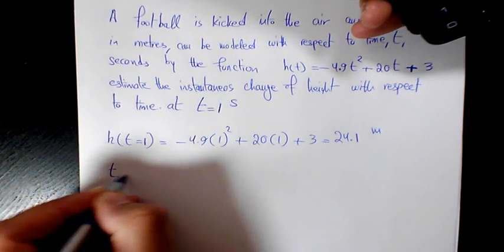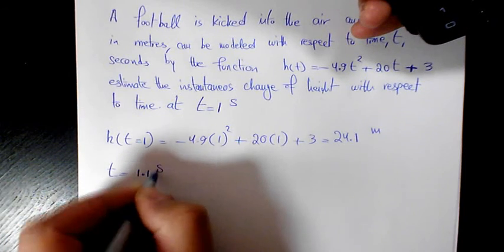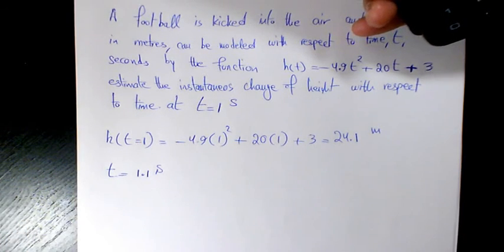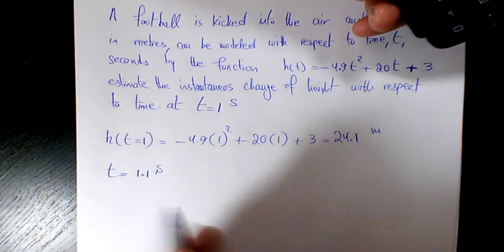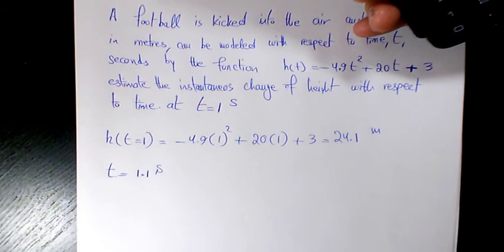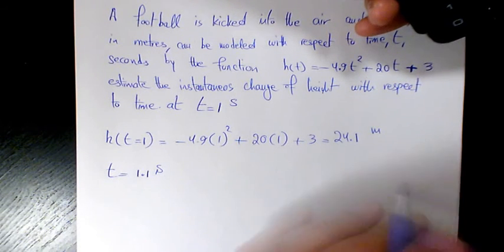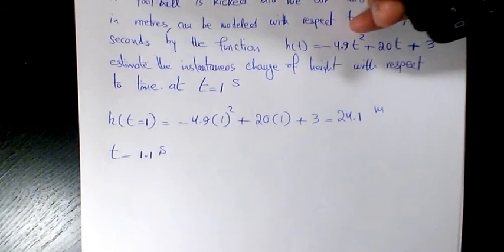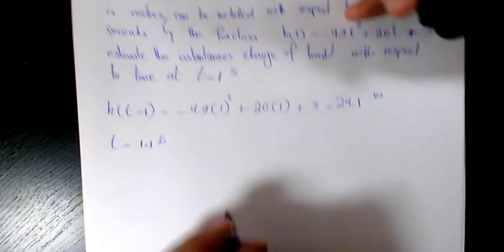Now imagine if time is 1.1. We just change the independent variable to something just a little bit bigger than 1: 1.1 or 1.2 or 1.5 or 1.01. Whenever you make it smaller, it's going to be more accurate.